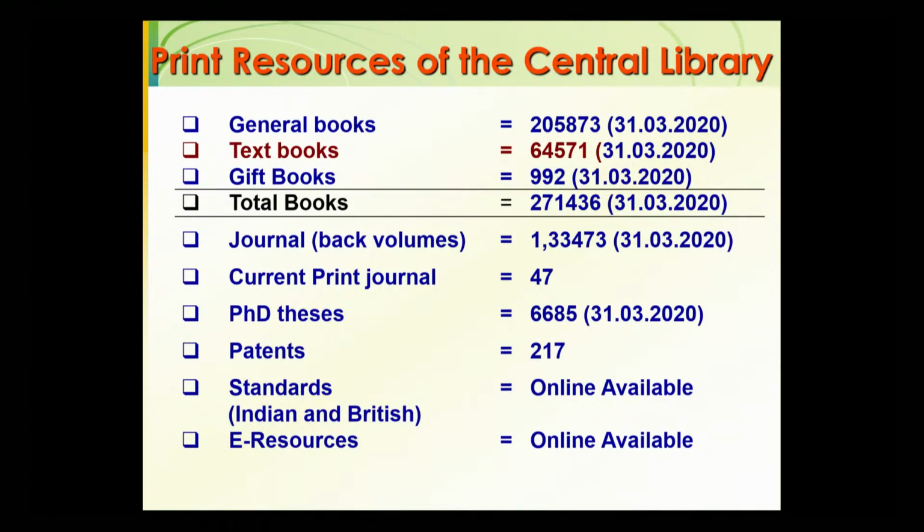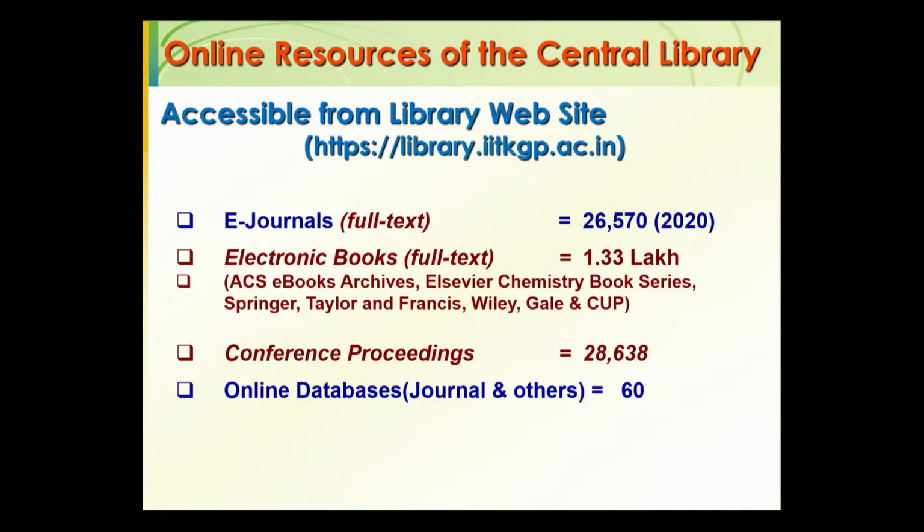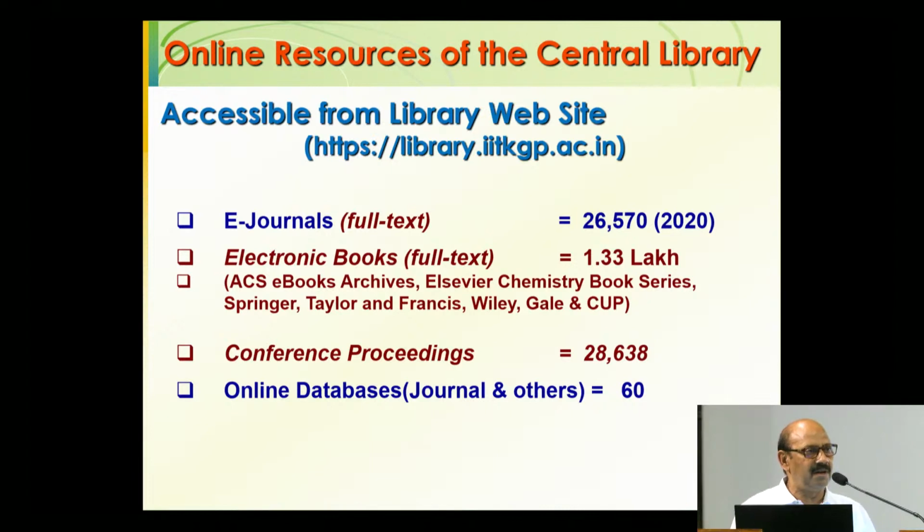We have back volume journals, more than 1.33 lakh. But as you know, print journals are reducing because of the internet, and online journals are available. So gradually we are reducing the print journals. Once upon a time there were 1,000 print journals, now we have only 46, and all those journals have been converted into electronic journals.